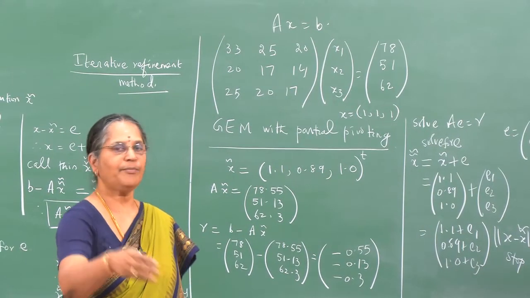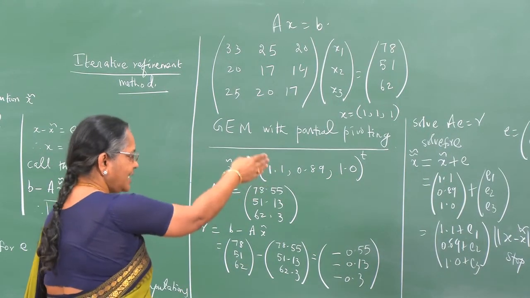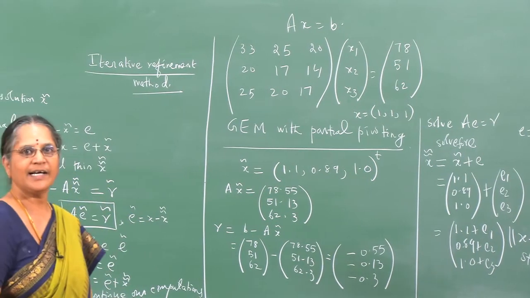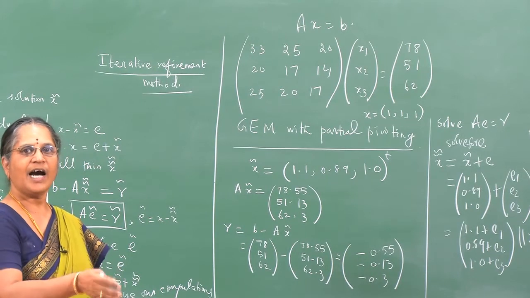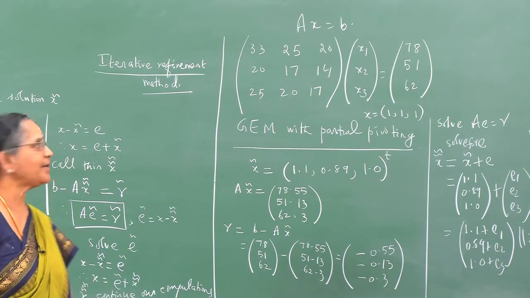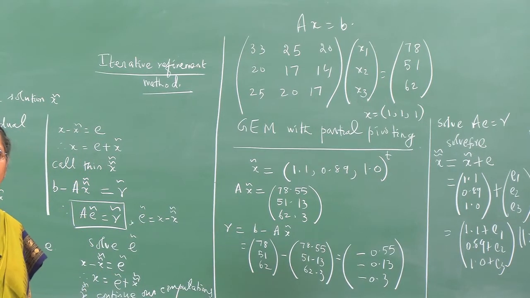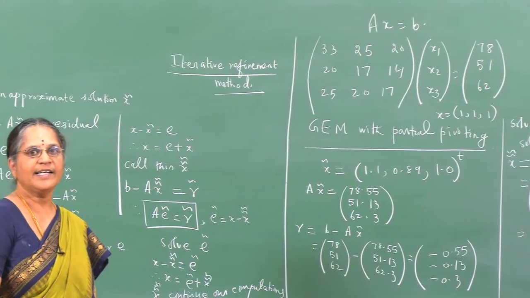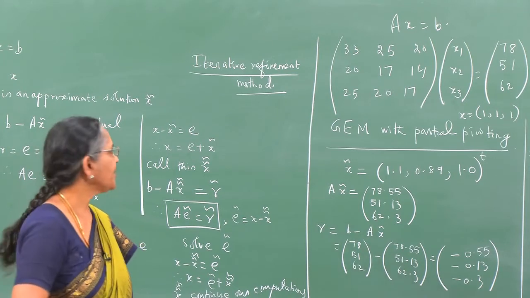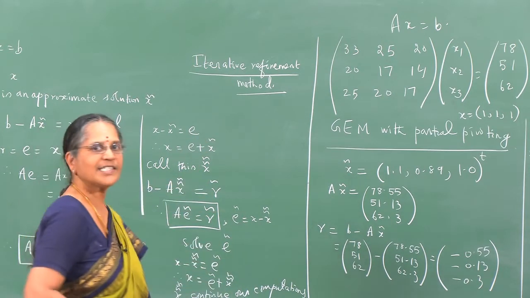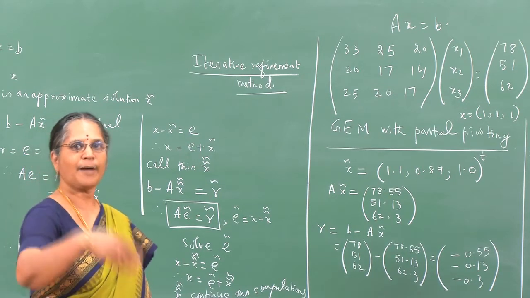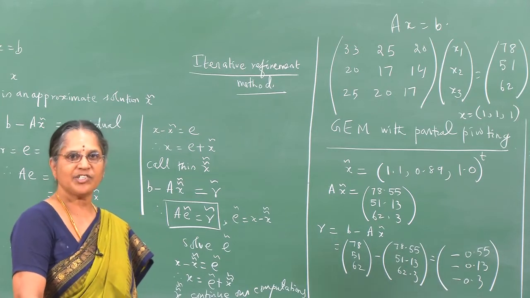If not, compute A into x double tilde and then compute b minus A x double tilde, call it the residual vector r double tilde, and then continue your computations as described in the iterative refinement method and obtain the solution and see whether that solution is correct to the desired degree of accuracy. So, I leave the rest of the computations for you to complete, work out the details. I will give you some more problems on this method in the assignment sheet.